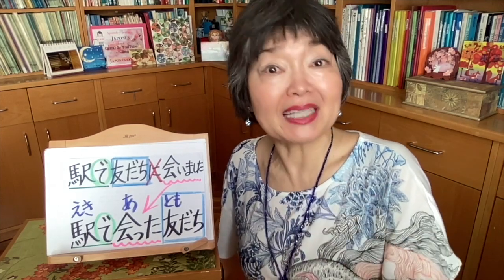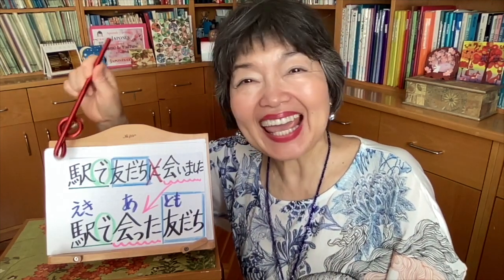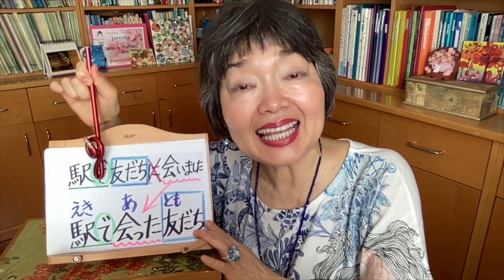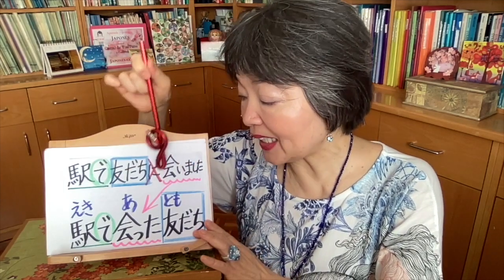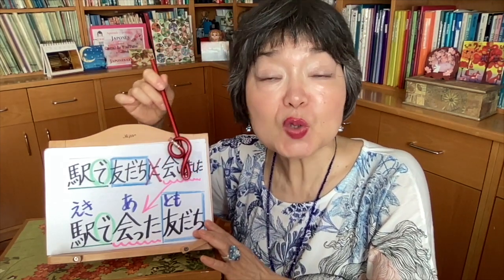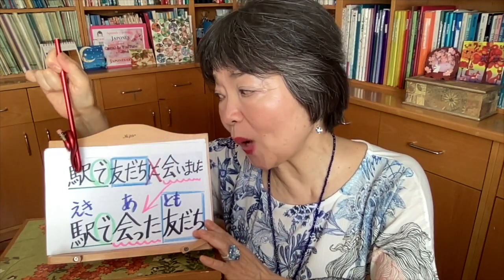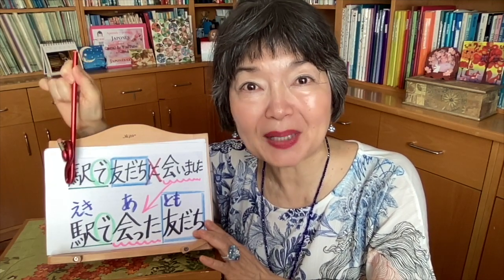I saw a friend at the station, or I met a friend at the station. 駅で友達に会いました. 駅で, the place で, because 会います, this verb to see or to meet someone, is an action verb. So this is why we use the particle で instead of に. 駅で, the place and で.